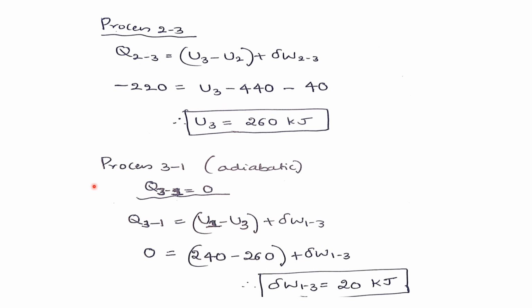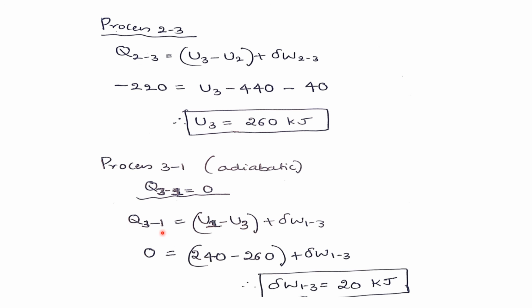Now process 3 to 1 is an adiabatic process. The system is returned back to its original state. Q31 is equal to U1 minus U3 plus work done during this process. As it is an adiabatic process, heat transferred will be 0, because there will be no heat flow into or out of the system.